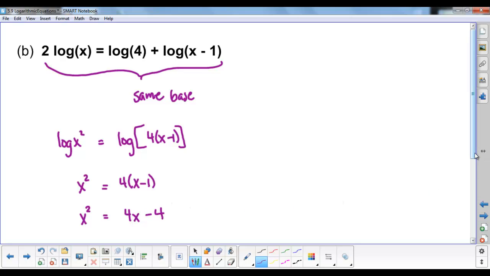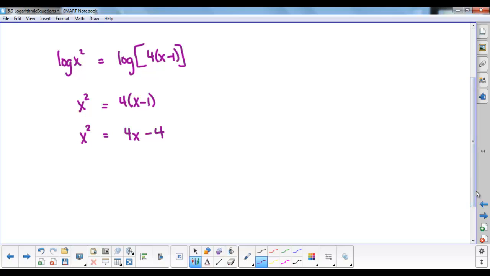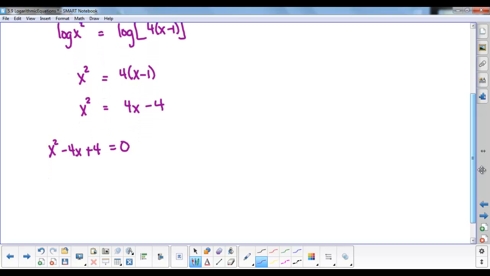Because we have a quadratic here, I'm going to move everything to one side so that this becomes x squared minus 4x plus 4 equals 0. At this point, we can factor. Two numbers that multiply to 4 and add to negative 4, that would be x minus 2 times x minus 2. So I'll just write x minus 2 squared.